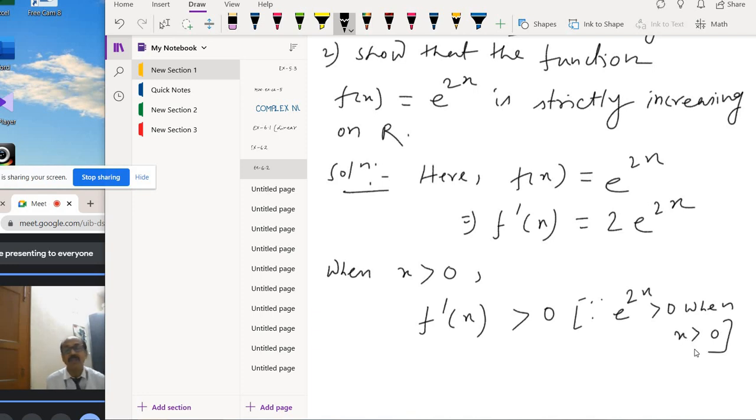If x is positive, then the value of e to the power 2x is always positive. Okay. So the first derivative, f dash x, is greater than 0.